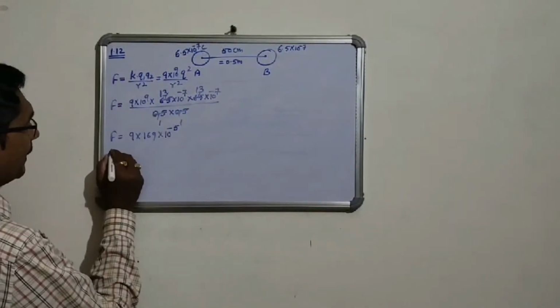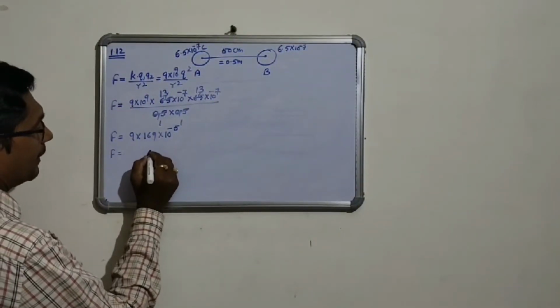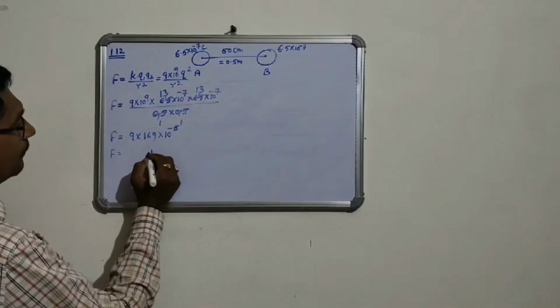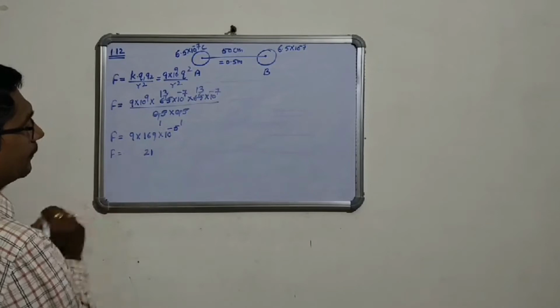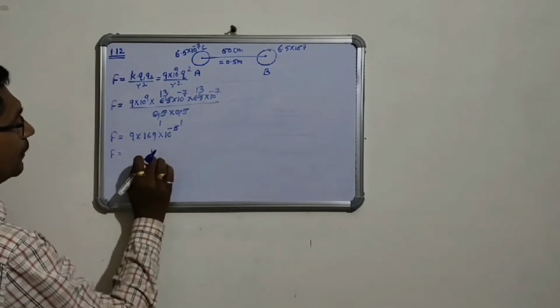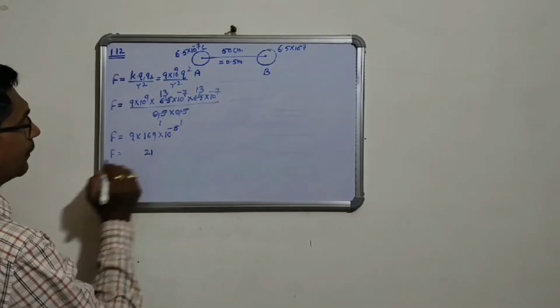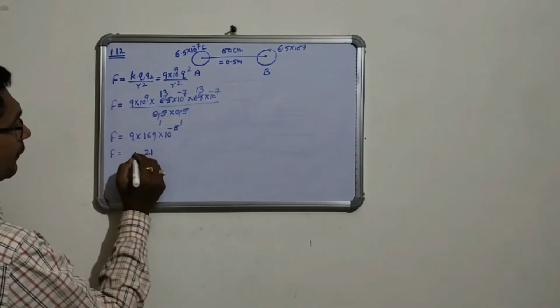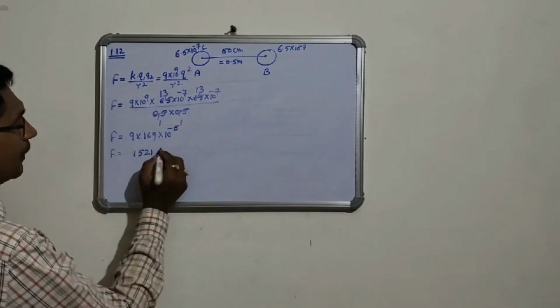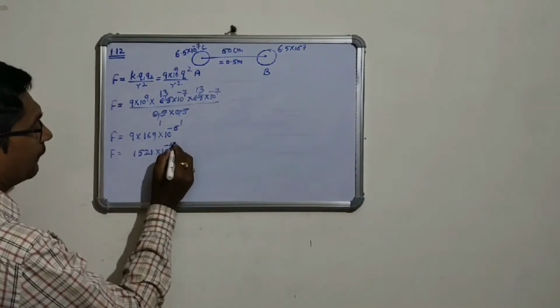After multiplying we get 9 into 169, which is 1521, into 10 to the power minus 5.